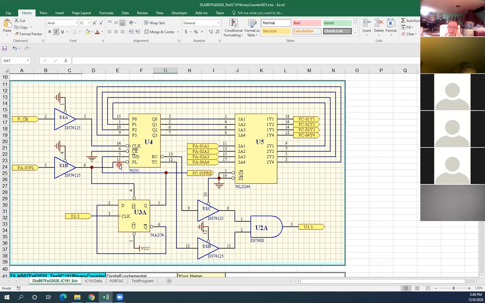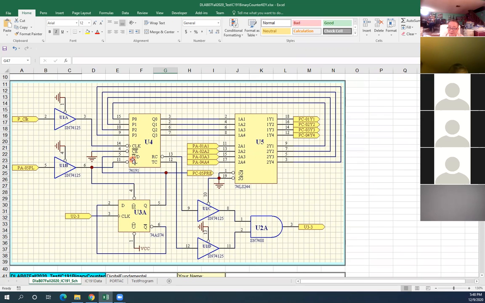Low. Okay? That means you have to apply PL here as 0. Now, if 0 goes into here, and goes down to U3, it goes to set this flip-flop. So pin number 5 is supposed to be 1. If pin number 5 is 1, then that means you start counting down.